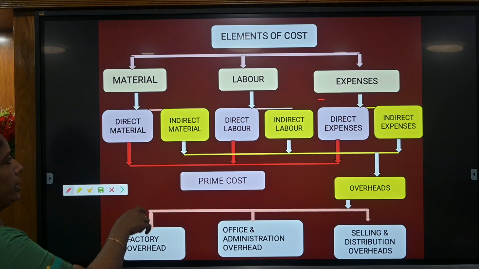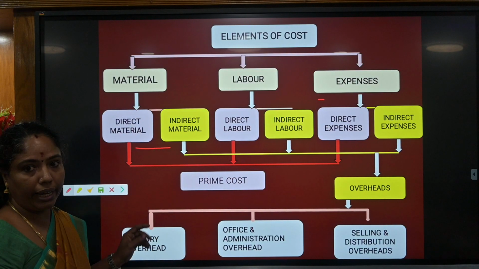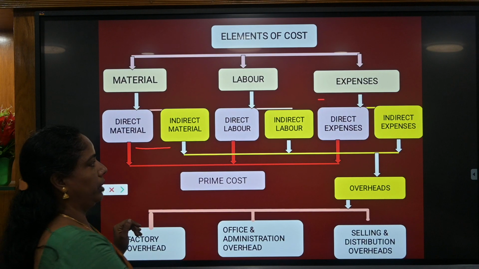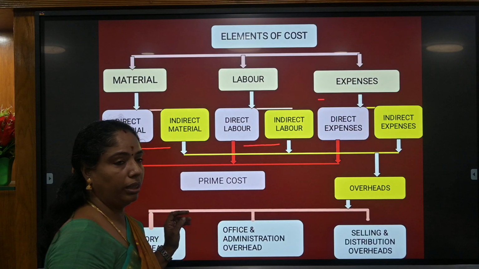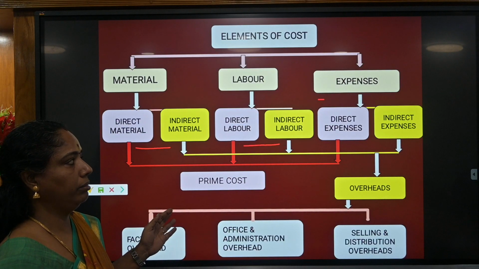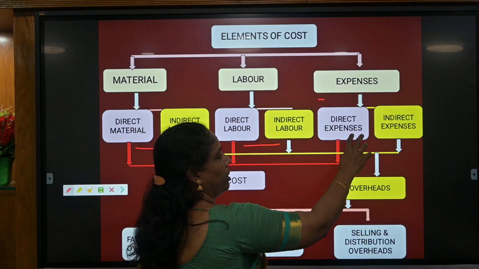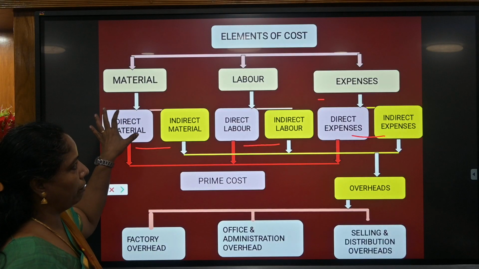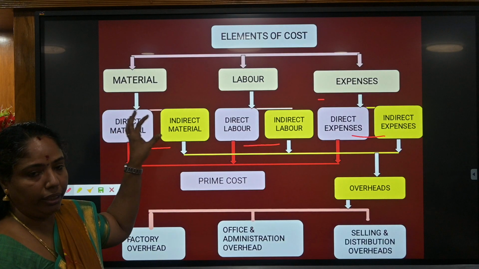Material is further divided into direct material and indirect material, labor into direct labor and indirect labor, and expenses into direct expenses and indirect expenses. So in everything we have direct and indirect.